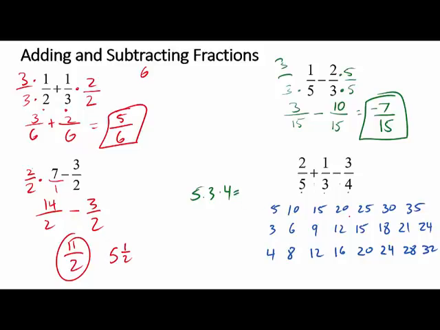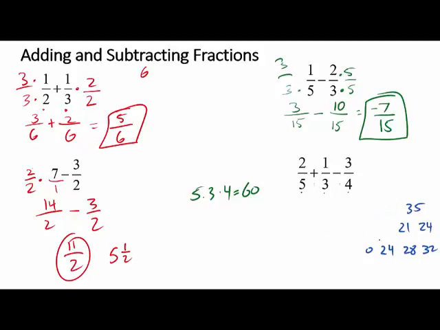But in this case, if we don't want to list this all out, we could just get a denominator of 60. So a common denominator here, and in this case this actually is the least common denominator, is 60. This will always get you a denominator that's common. It may not be the smallest, so you might have an extra step where you have to reduce at the end, but this will always at least get you in the right direction.